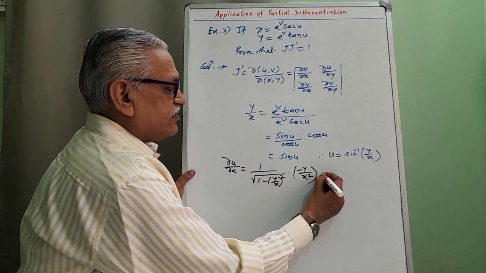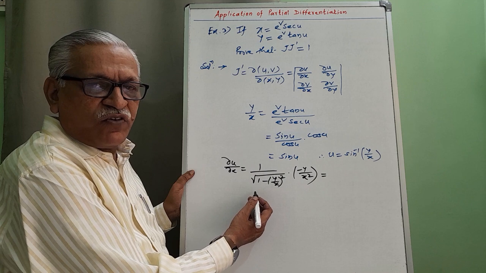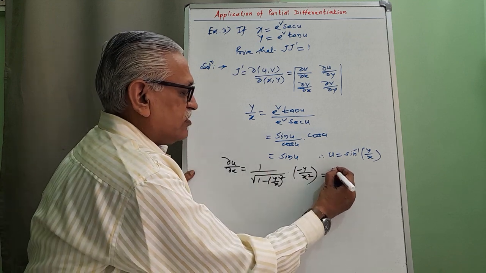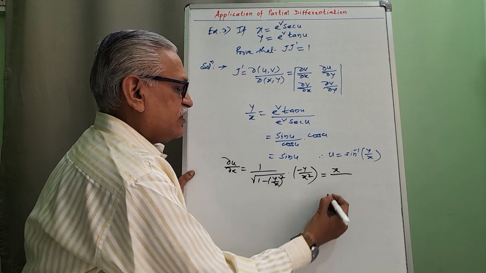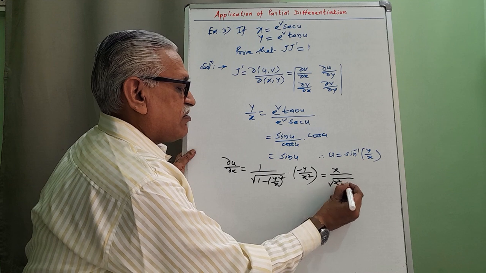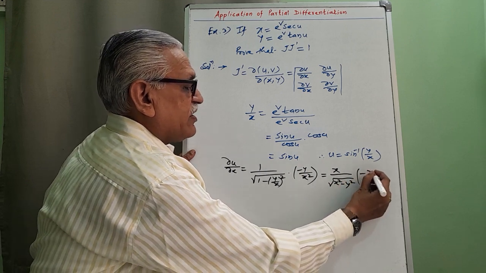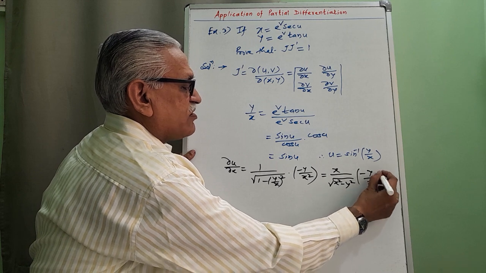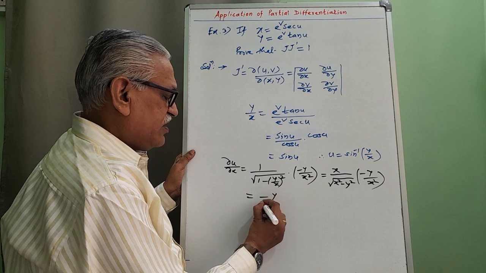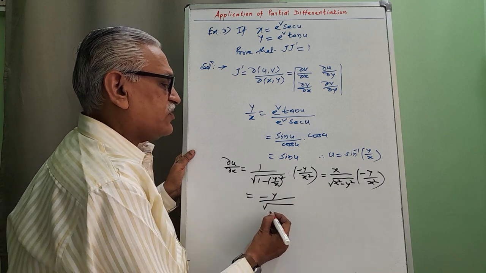Cross multiplying, it becomes x square minus y square upon x square. Square root of x square is x. Transferring it to the numerator, we get x divided by root of x square minus y square, and into minus y by x square. When x gets cancelled, we get that value as minus y divided by root of x square minus y square.